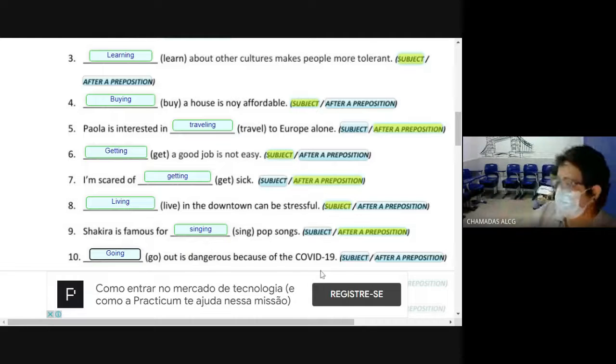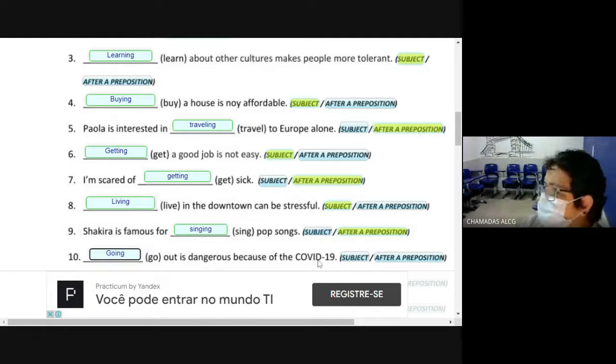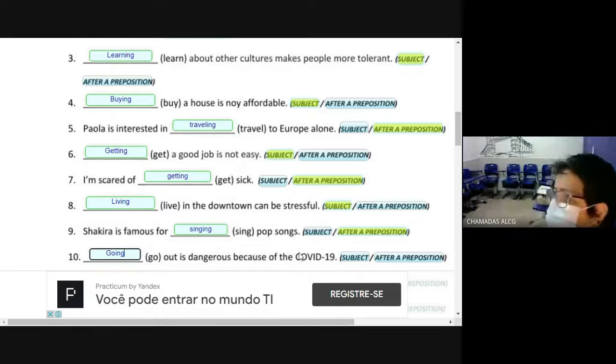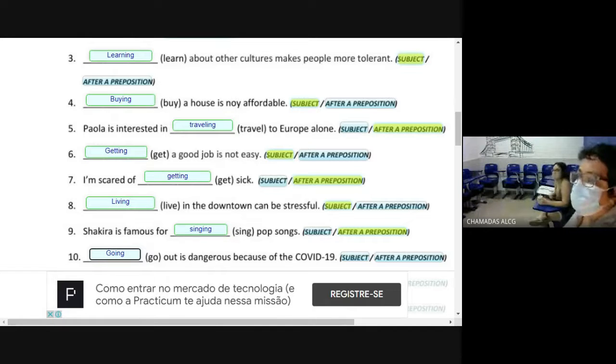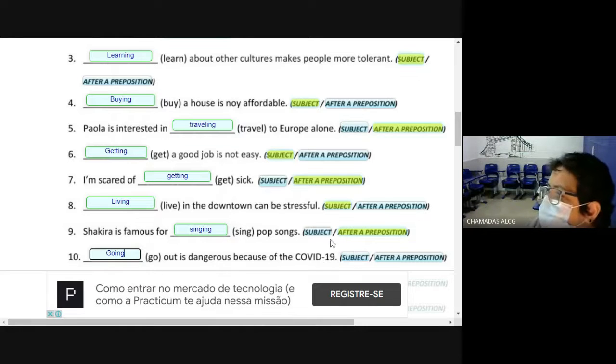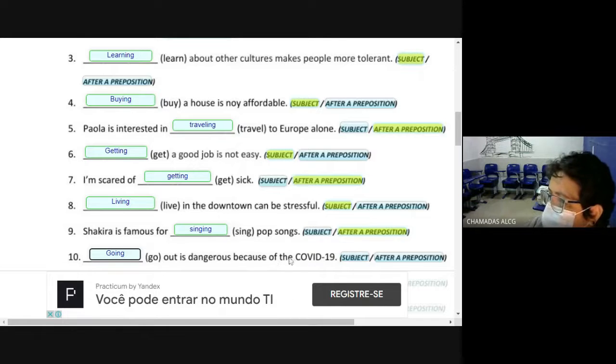Now, if we put something after, like for example, COVID-19 virus or pandemic, then okay, then we keep the article. Okay? So going out is dangerous because of the COVID-19 pandemic, or because of the COVID-19 virus. Here, we don't have a noun after COVID-19, so then we eliminate the article. Okay?